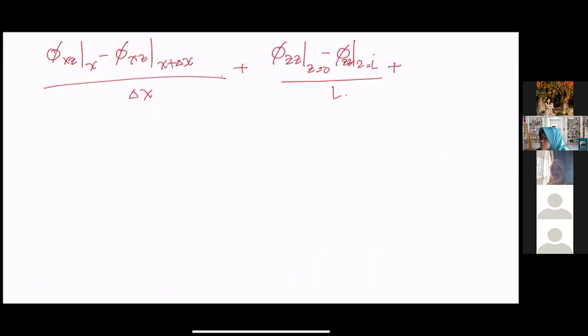So I'm going to write equal to rho g cos beta.